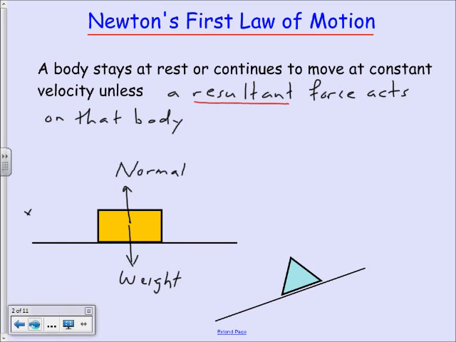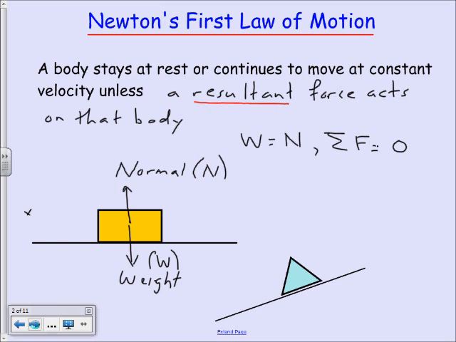The word normal here meaning that it's acting perpendicular to the surface that the box is sitting on. And so those two forces, let's call that one N for short and call this one W for short. We can say that W equals N. The sum of the forces acting is 0. There is no resultant force.